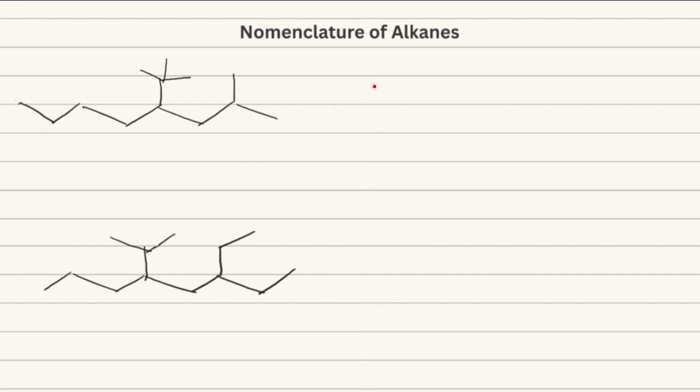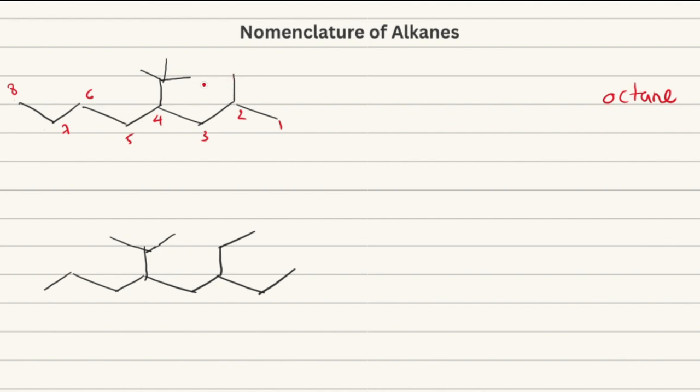Let's name these two given complex alkane molecules. The substituents given here are tertiary butyl and methyl for the first molecule. And we'll choose the longest chain of carbons. So there are 8 carbons. So the name should end as octane.